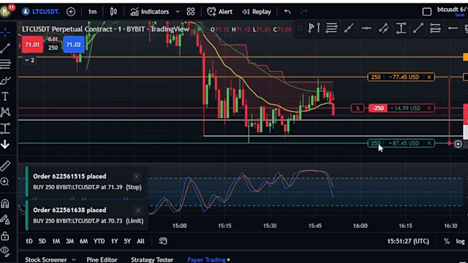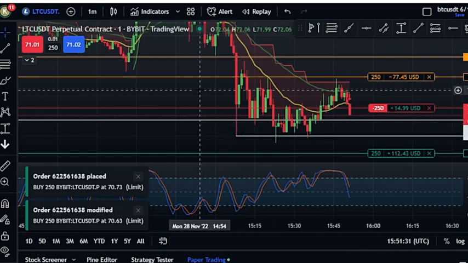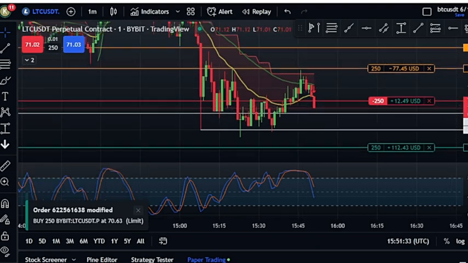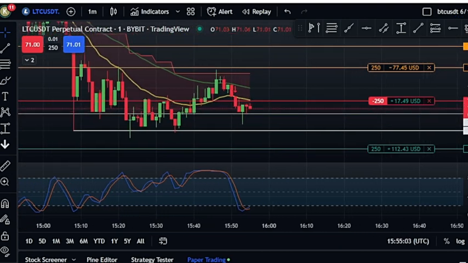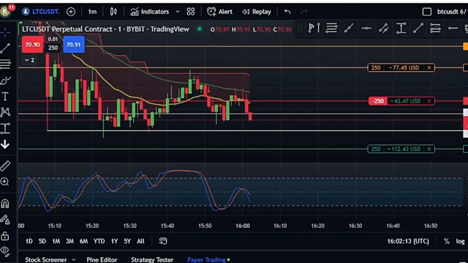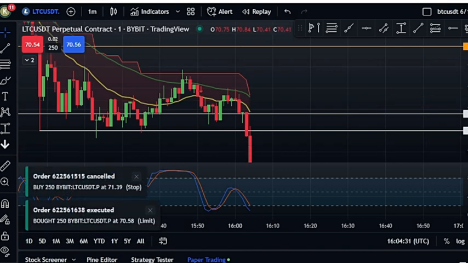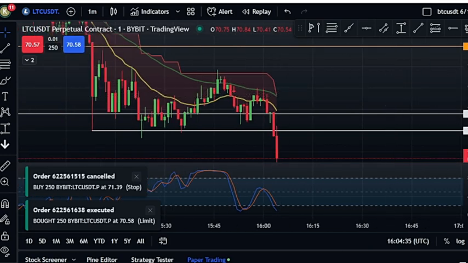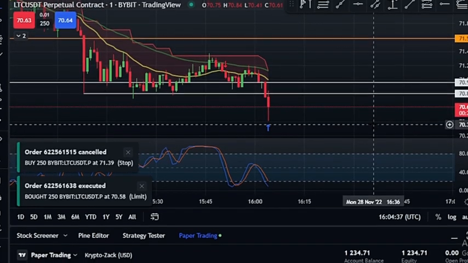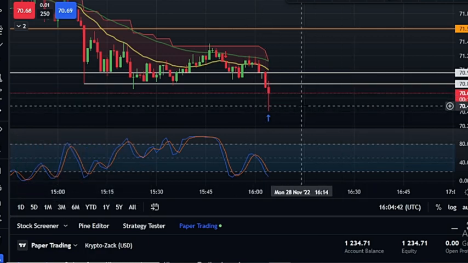So now we want to place our long take profits here. All right, so take profit hit, one more win, and we are at $234 in profit right now.